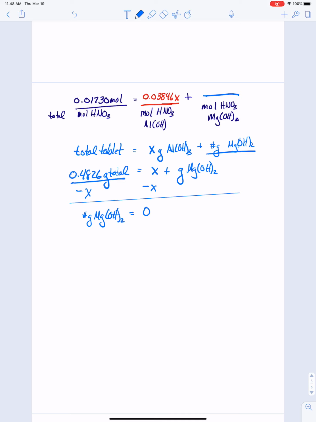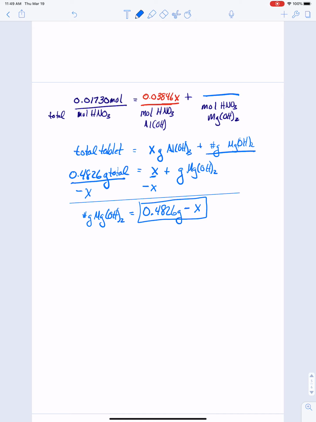And we're going to call the portion that's due to the aluminum hydroxide X. So if we do this, the remainder, whatever X turns out to be, it's going to be what's left over of the 0.4826, right?